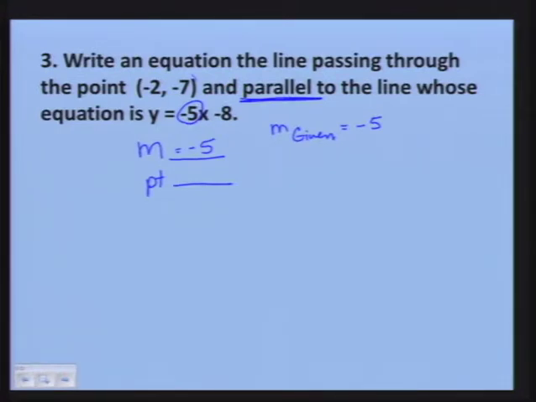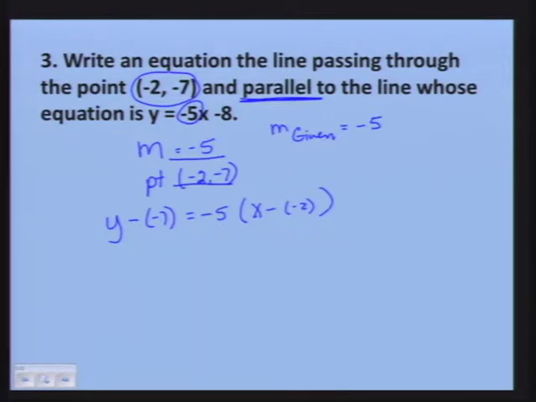The point that I'm going to use is the point I'm given, (-2, -7). So now that I have my point and slope ready, I can say y minus the y of the point equals the slope times x minus the x of the point.